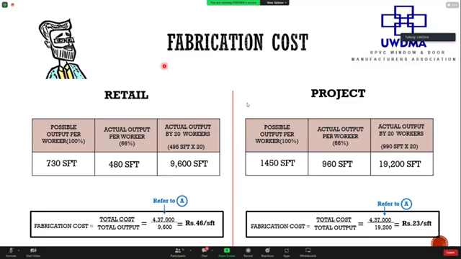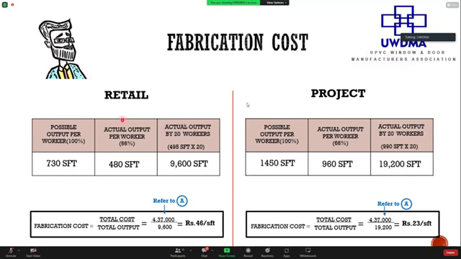Now here we are calculating cost for retail sites and for project sites. What are retail sites? The private villas, houses, hotels, schools. These are called retail sites. And projects are the big apartments, the flats, the multi-storied buildings. So for retail, we are assuming that one worker, if he gives 100%, makes 73 square feet of window.